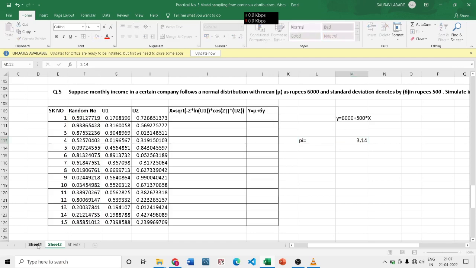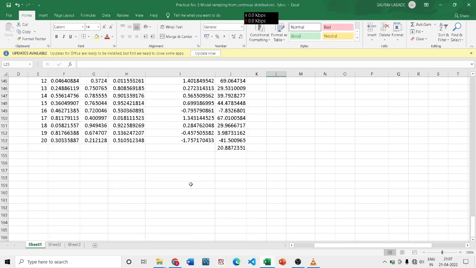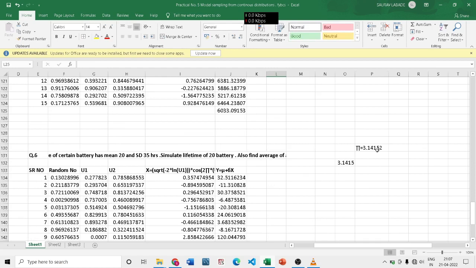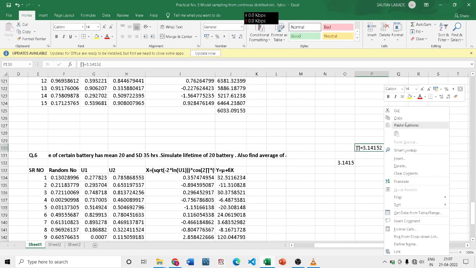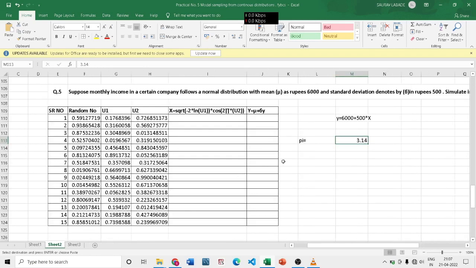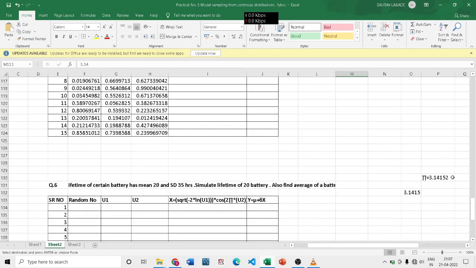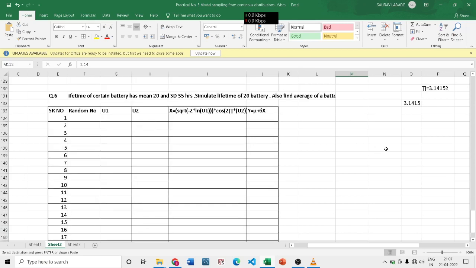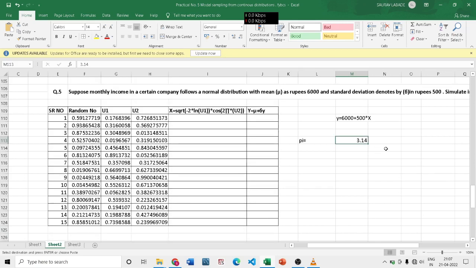What is the exact value? Here I have given that value, it is 3.14152. So that is the value I have to use for pi.